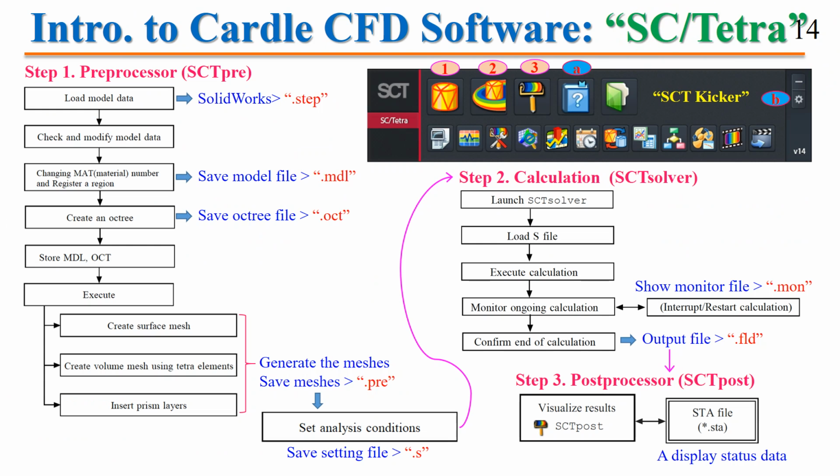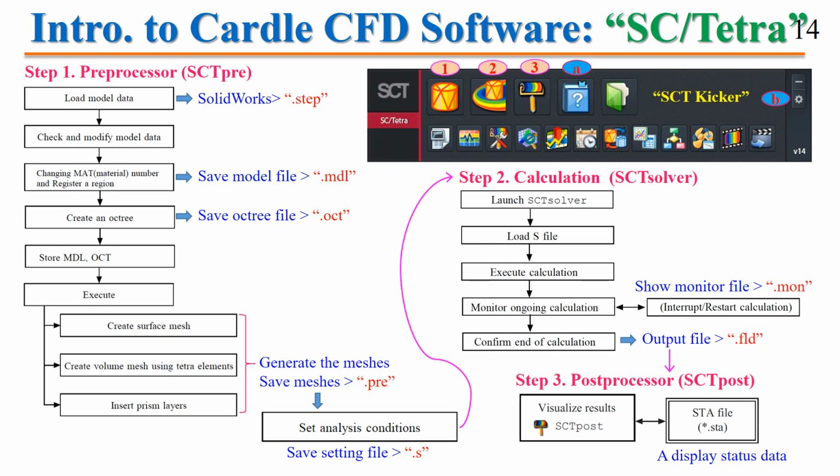The difference between SC Tetra and SC4 is in the mesh generation step. SC Tetra will generate an unstructured mesh of tetrahedral elements, but in the case of SC4, the mesh type is the polyhedral mesh.